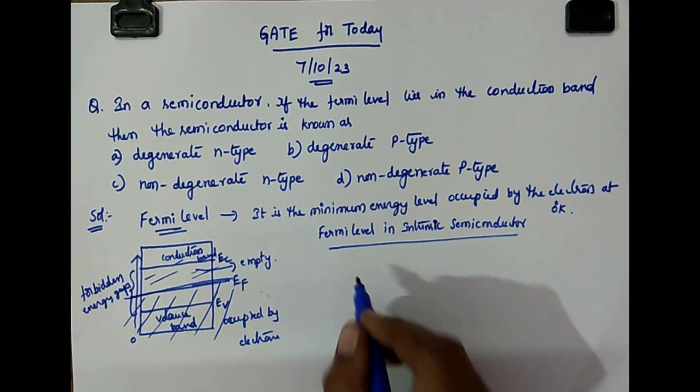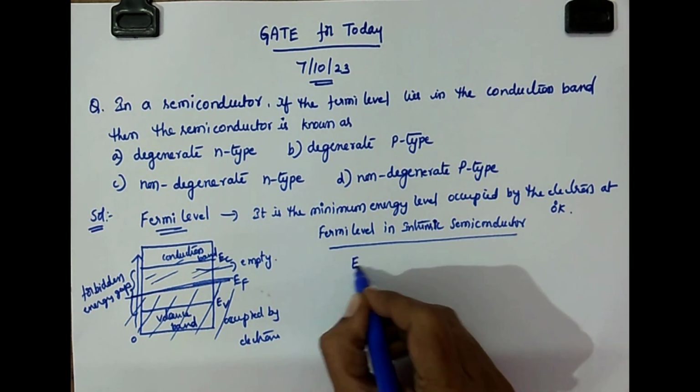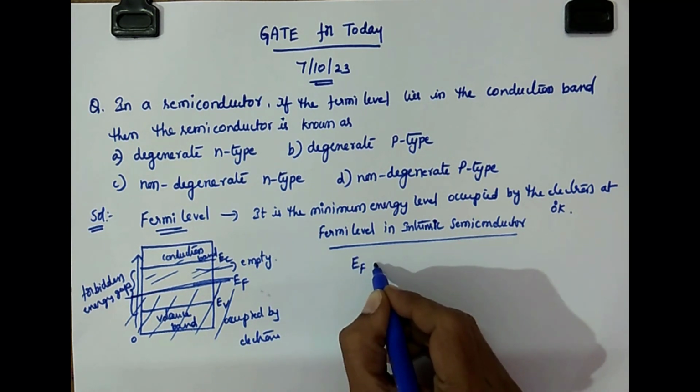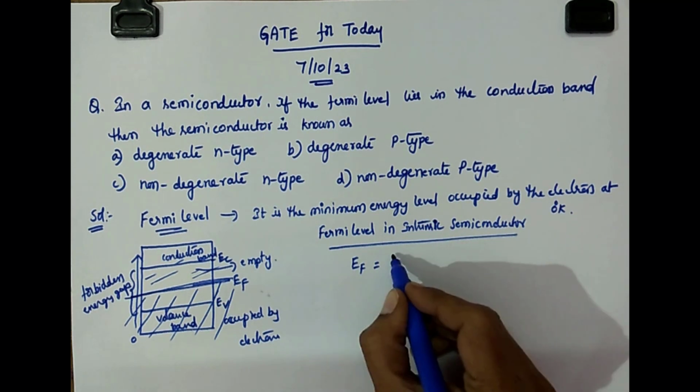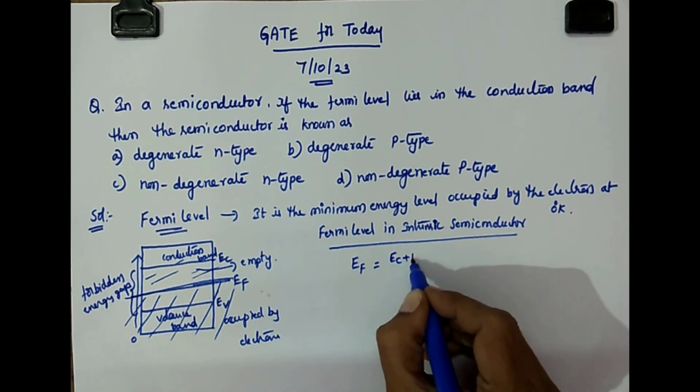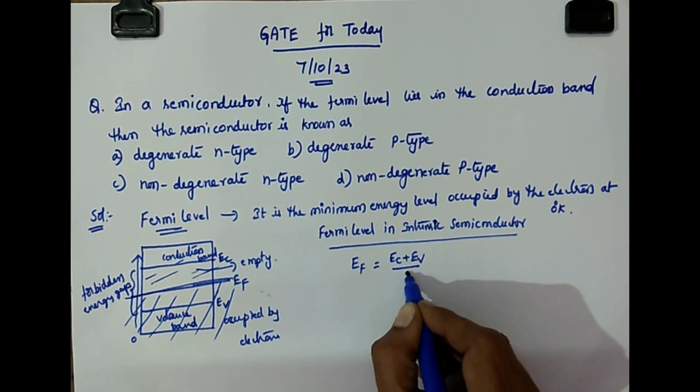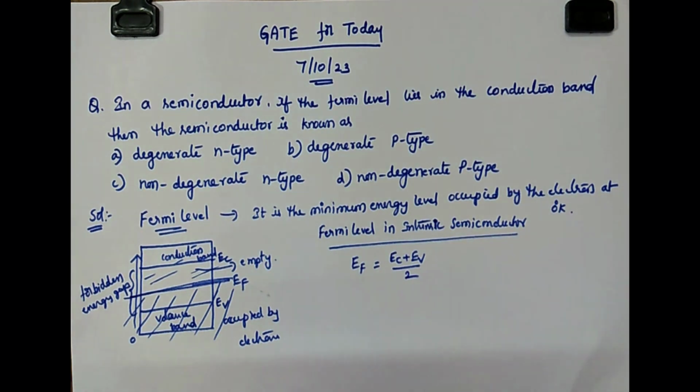In the intrinsic semiconductor, the Fermi level EF is equal to (EC plus EV) by 2. When the effective mass of the holes and the effective mass of the electrons are equal, then the Fermi level is (EC plus EV) by 2.